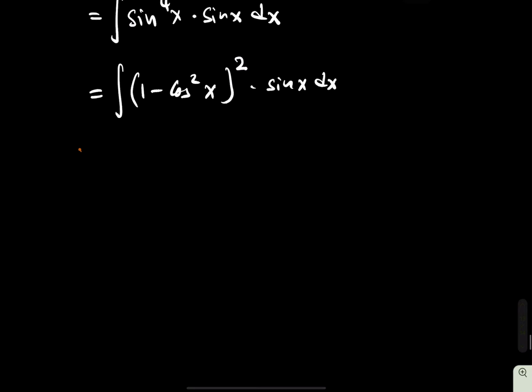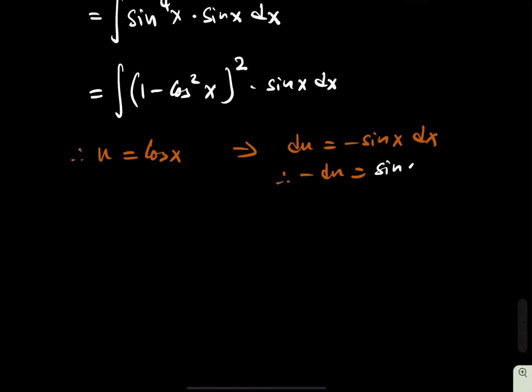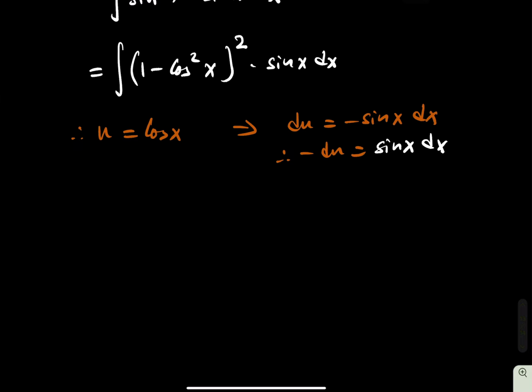Therefore, now your u is going to be cos x, which will be du equaling negative sine of x dx. Let's say negative du equals sine x dx, which is that one there. So you are actually fine.